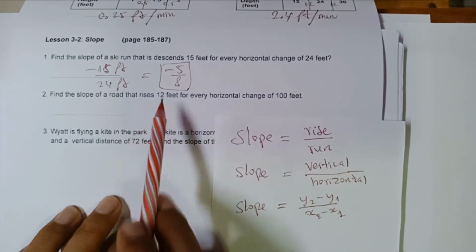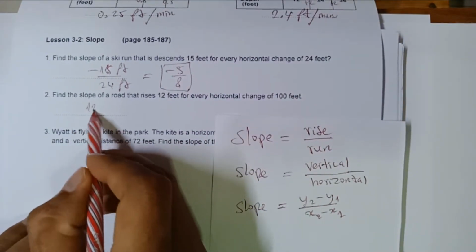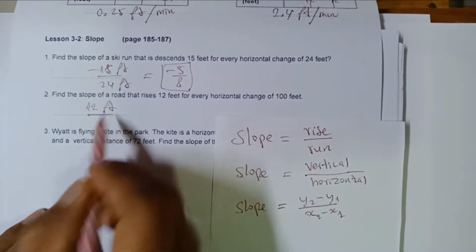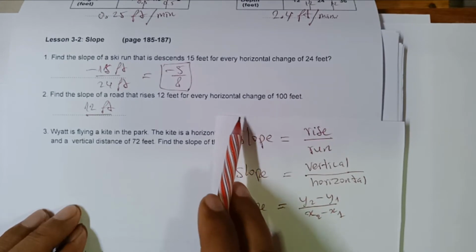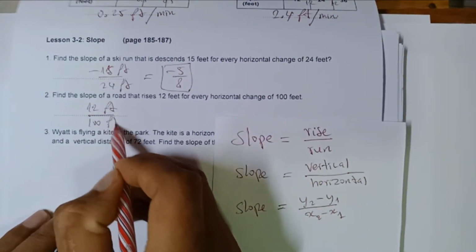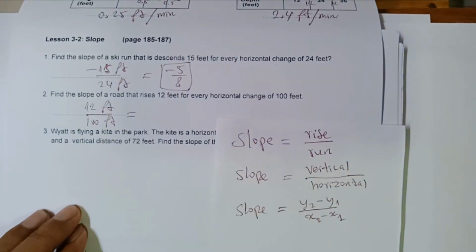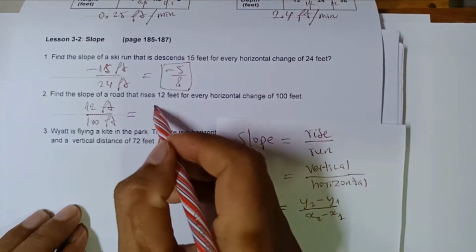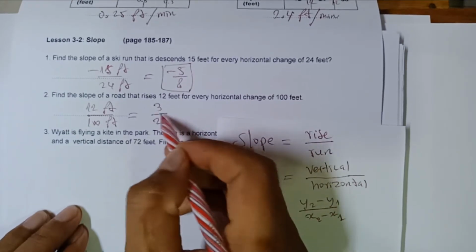So the rise is 12 feet over the horizontal change, which is 100 feet. Simplifying 12 with 100 gives you 3 over 25.